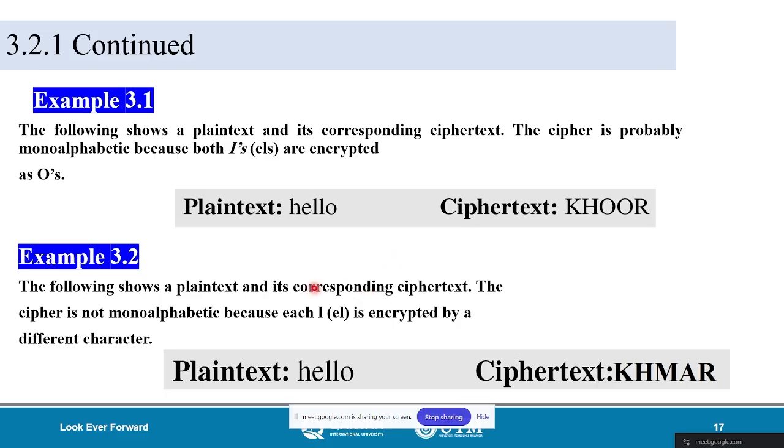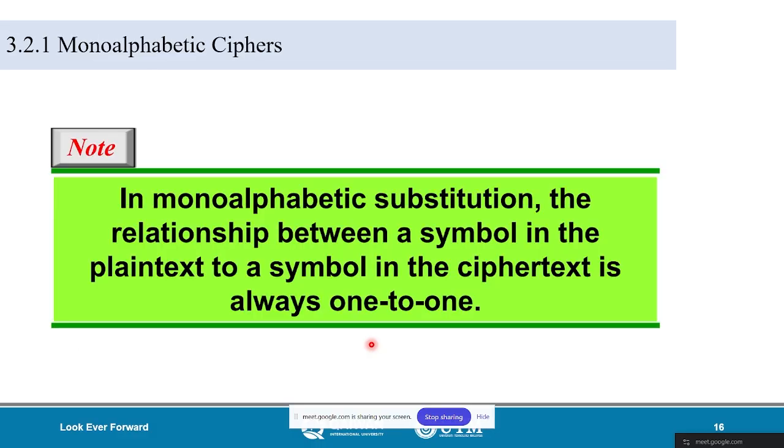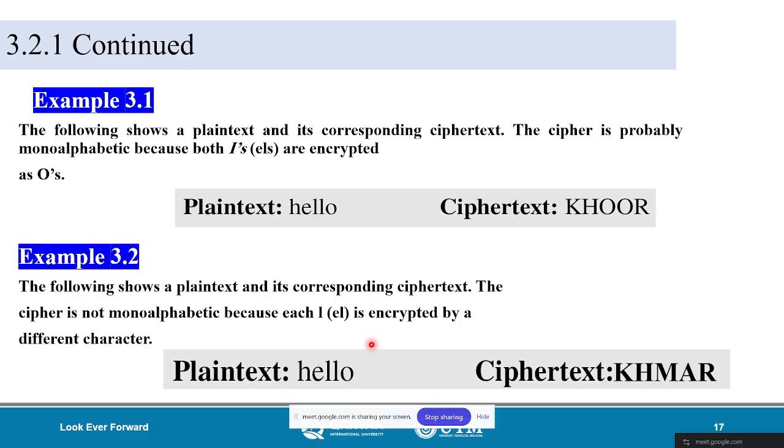However, in this other example, we have HELLO but here we have KHMAR. You see the L and this L: the first L would be M, the second L would be A. This is what it means when it says monoalphabetic substitution is one-to-one. It means that L would always be O, and will not be changed. So this example here is not mono.